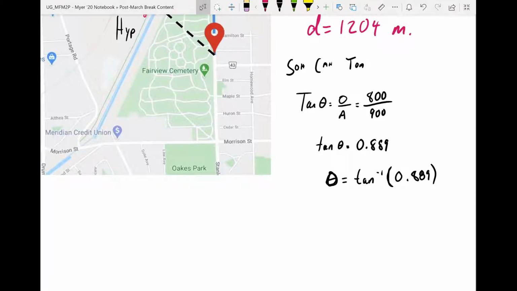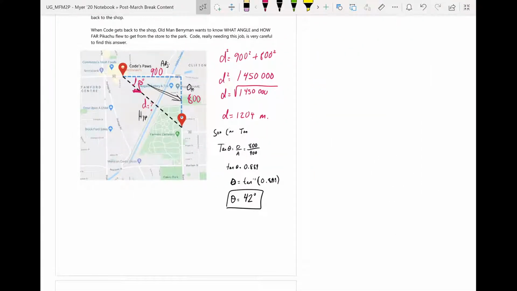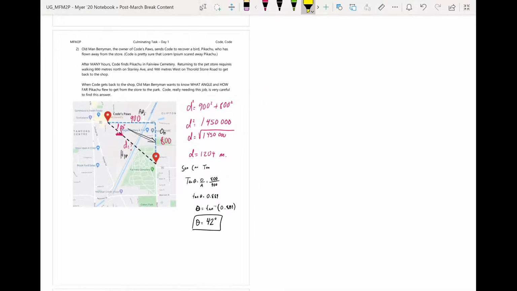So I do second function and tan, and I got 42 degrees. All right, so I found that. So I got my two answers. I got my distance here, and I've got my angle.